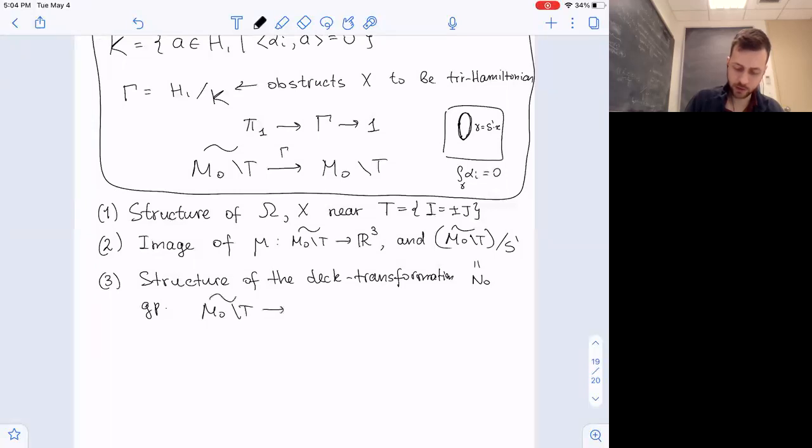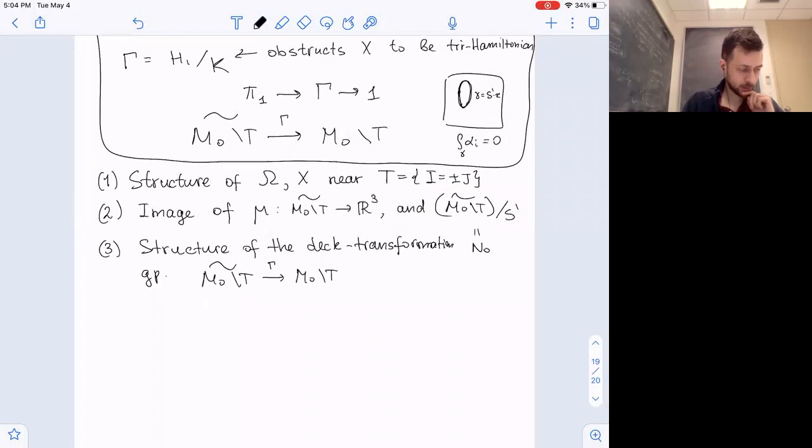So you have this covering, you have gamma acting on M0 minus tau. So the deck transformation acts here. We want to understand how it acts here and what would be the action which descends to the quotient. This action will commute with the action of S1, so it will descend to the quotient. What exactly is this action?